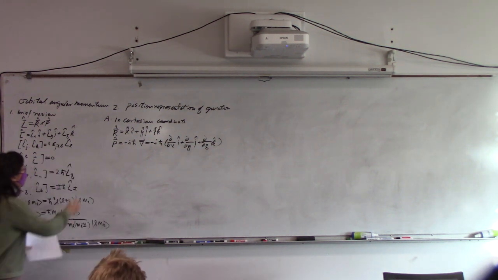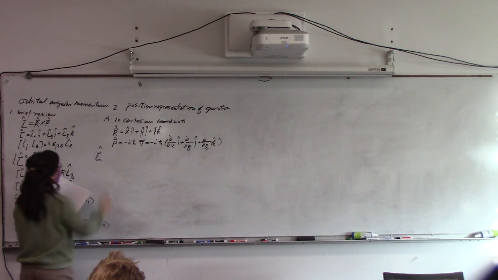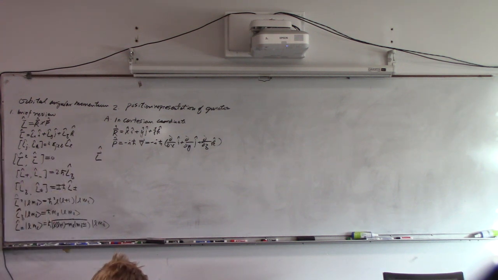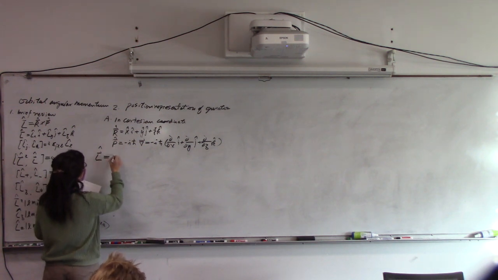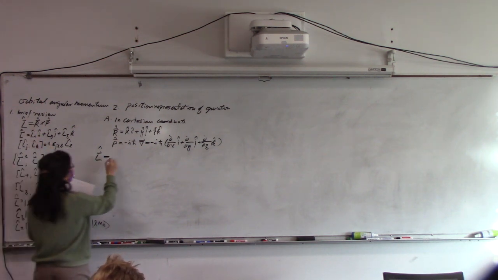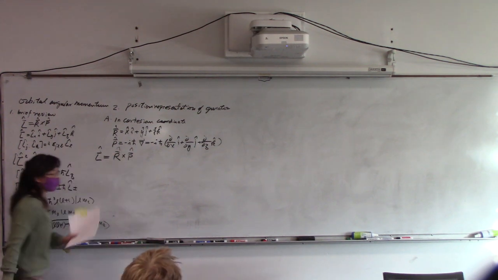Okay, so now we are going to first find the orbital angular momentum operator in Cartesian coordinates. By definition, that is the cross product of the position operator and the momentum operator.